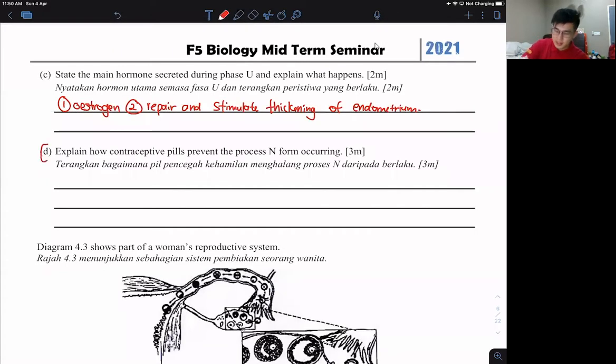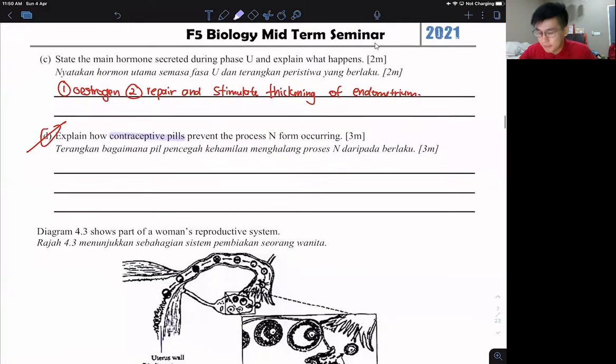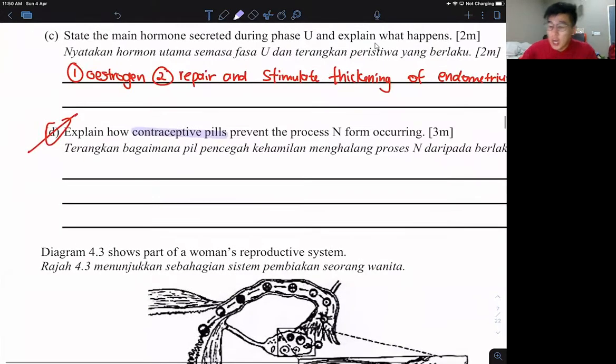All right, D. Something that is quite often asked, but also a bit tough, but related to our syllabus. Look at here. They say, explain how contraceptive pills prevent the process N from occurring. The contraceptive pill is a so-called birth control pill, which girls take to prevent pregnancy. So they want to do the thing, but they don't want to have a baby.